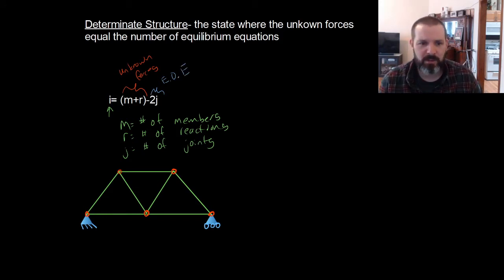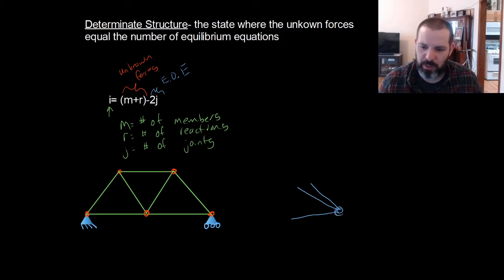Now, you might say to yourself, why do I only get to write 2 equations at each joint when I have 3 equations of equilibrium? The answer to that is pretty simple. If I look at a random joint anywhere, you'll see that there are multiple members that can tie into it. It can be 3 members. But all these members tie into a joint, and this joint is a hinge, so it can freely rotate.